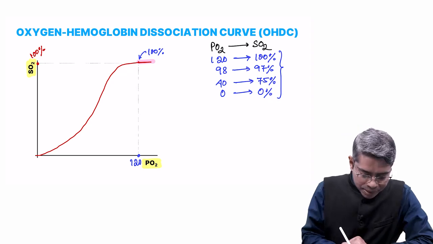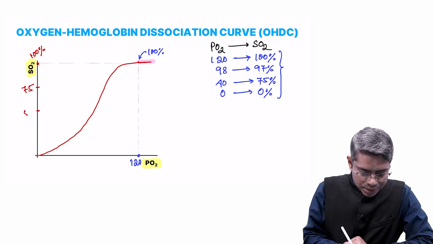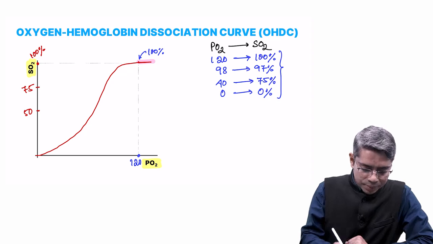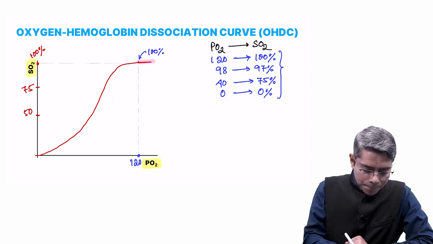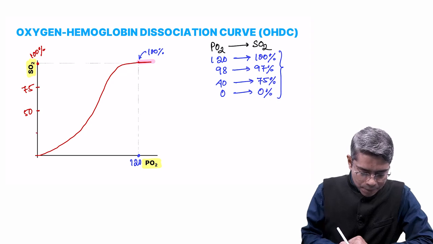So now this is 75%, this is 50%, and this is 25%, and this is 0% saturation.